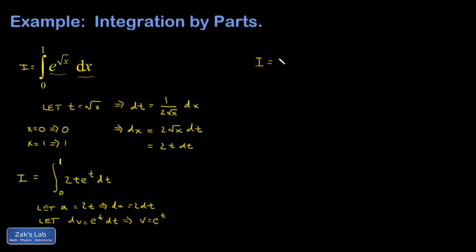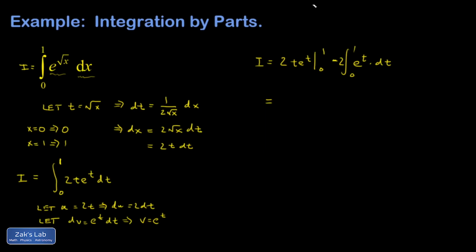And then I'm going to apply the integration by parts formula, and I have u times v, so that's 2t e to the t, evaluated as t goes from 0 to 1, minus the integral of v du, so that's going to be e to the t, and the du is 2 dt. I'm going to move the 2 out in front, and the limits of integration again are 0 to 1 on that.